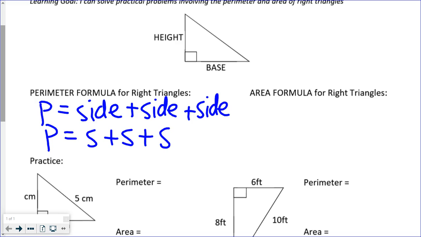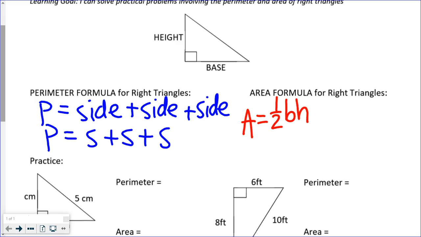The area formula for our triangles, there are two ways you can write this. The first way is the area is 1/2 times the base times the height.